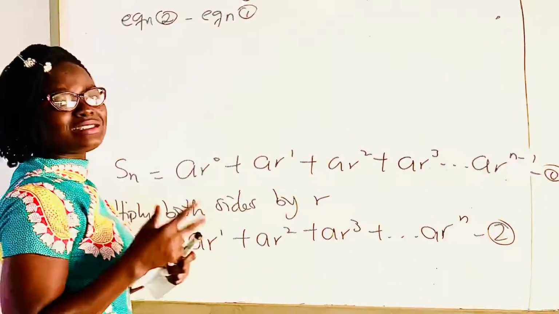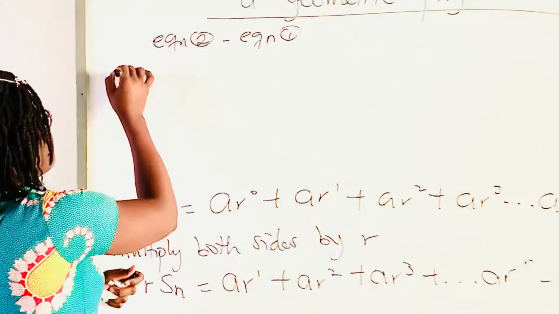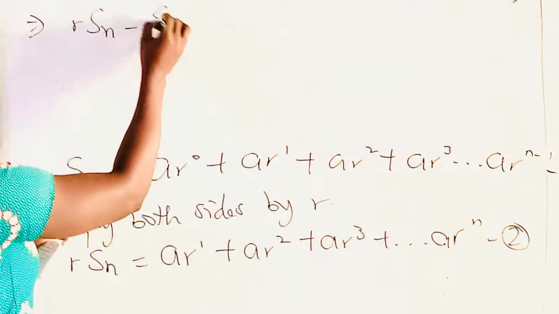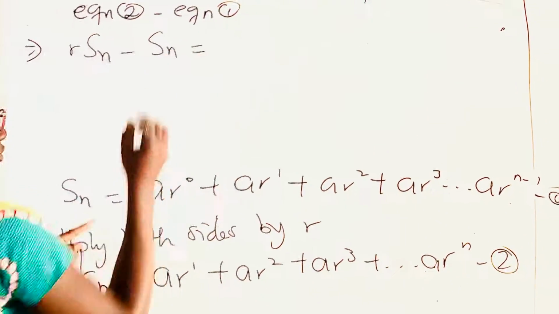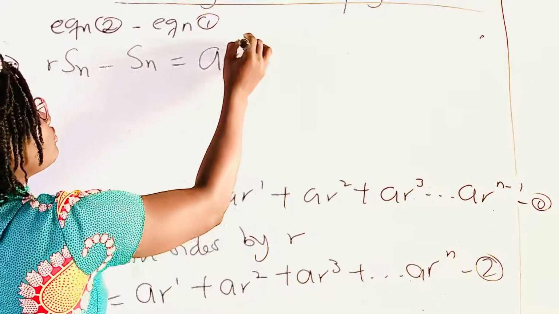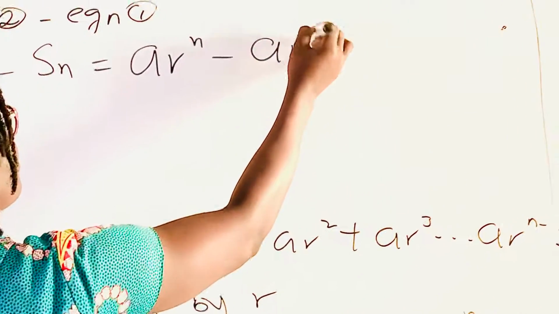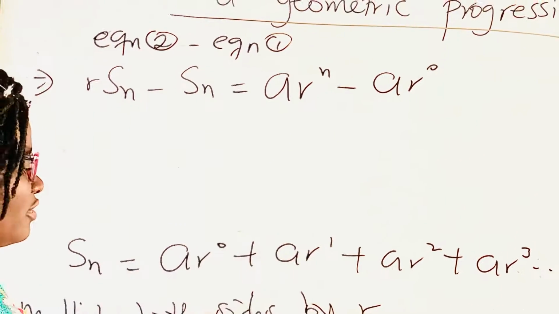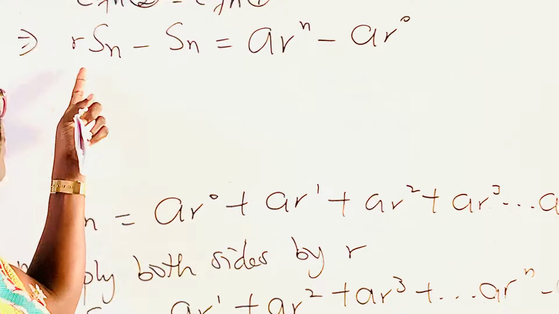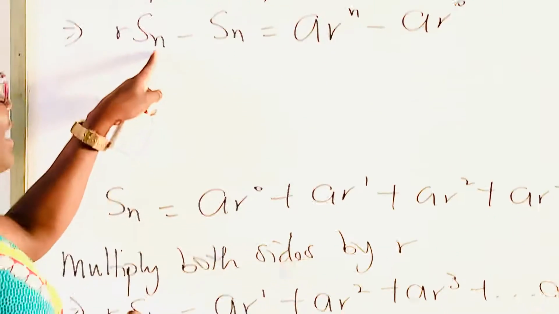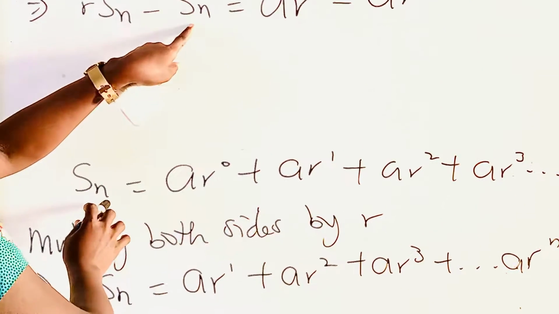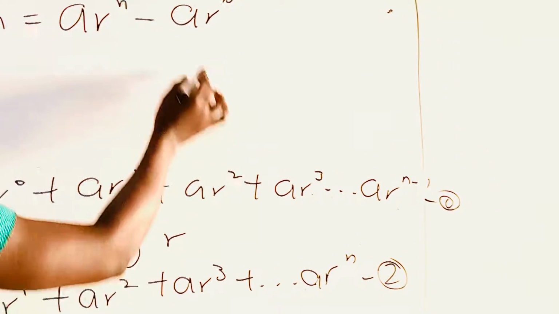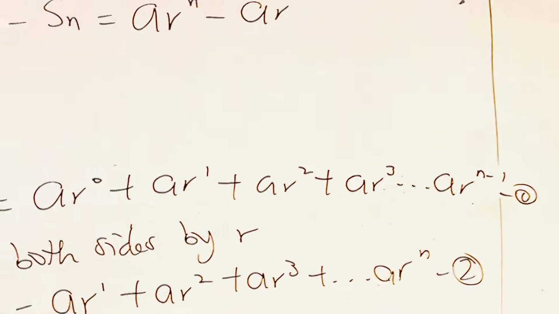So we subtract the two equations. Good. As usual, they will cancel out, so you'll be left with r Sn minus Sn equals ar exponent n minus ar exponent 0.